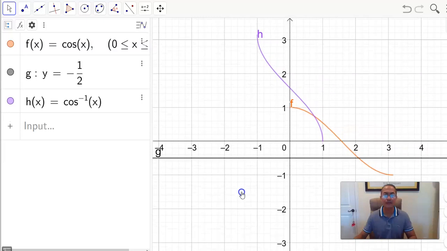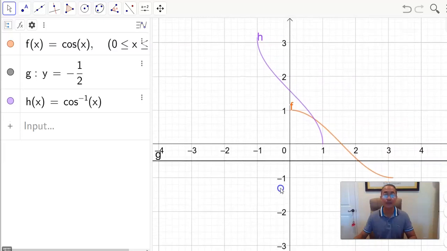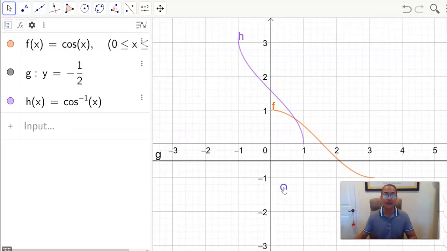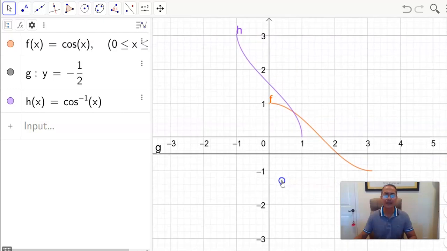So it looks very different from what we saw with the inverse sine function. And that's because the domains of restriction for sine and cosine are different. But again, we have symmetry.